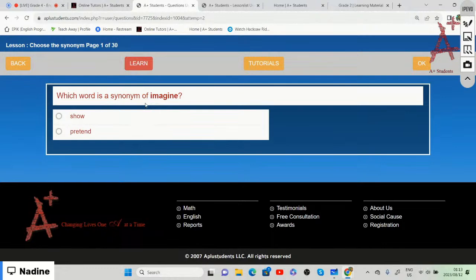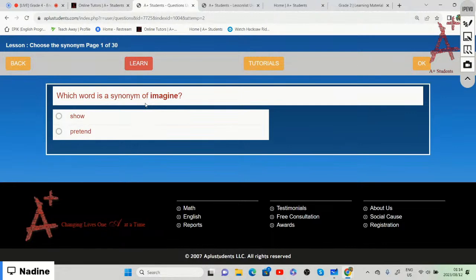It can be in a form of pretense also, where you are pretending to be there, especially with our thoughts and our imagination. So if we find the synonym of imagine, then we must try to find out if it's either show or to pretend.